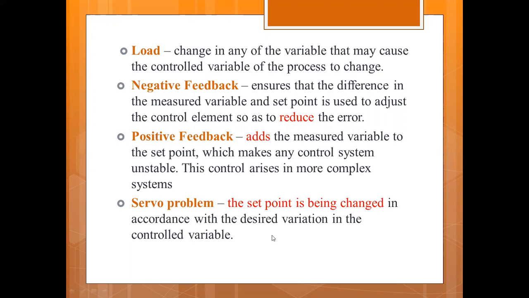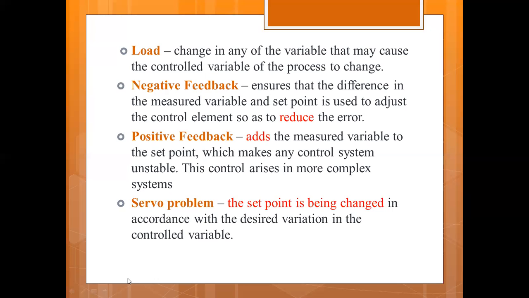For servo mechanism, the set point is being changed in accordance with the desired variation in the control variable. This means that the engineers who designed the process already have in mind, or have stated in the objective, the range of values of the control variable.